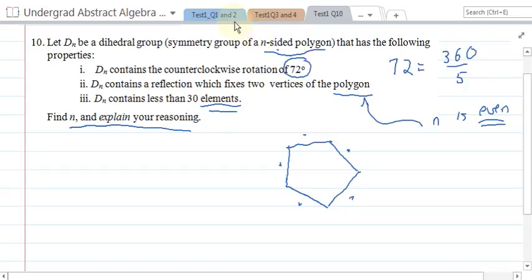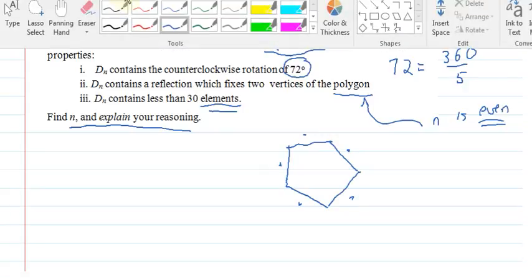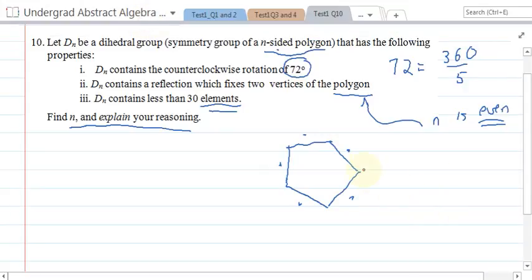If I had a 10-sided polygon, then a 72-degree rotation would correspond to moving two vertices over, which is still a symmetry of the polygon. Right? If I had a 10-gon, then 72-degree rotation would take this vertex to this vertex, and it would take this vertex to this vertex. I'd still have a symmetry. So n equals 10 is a possibility.